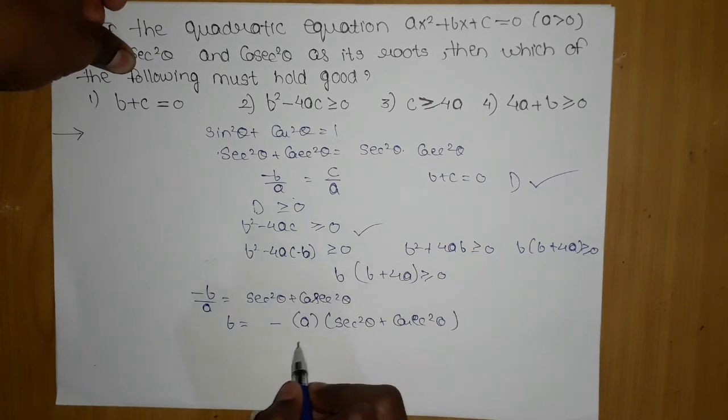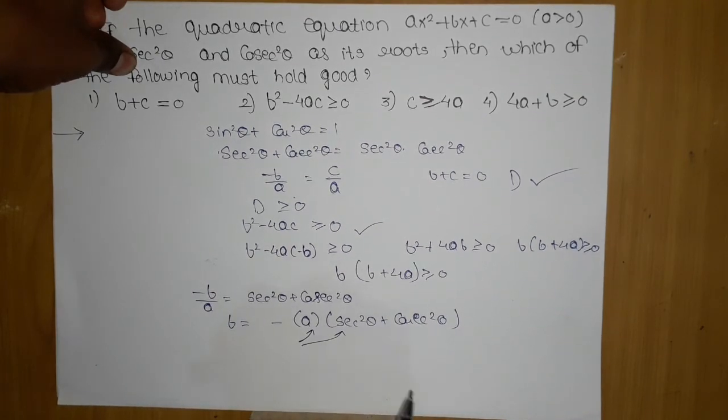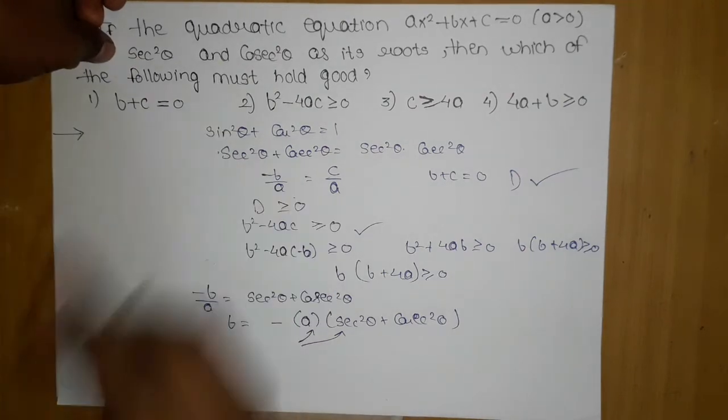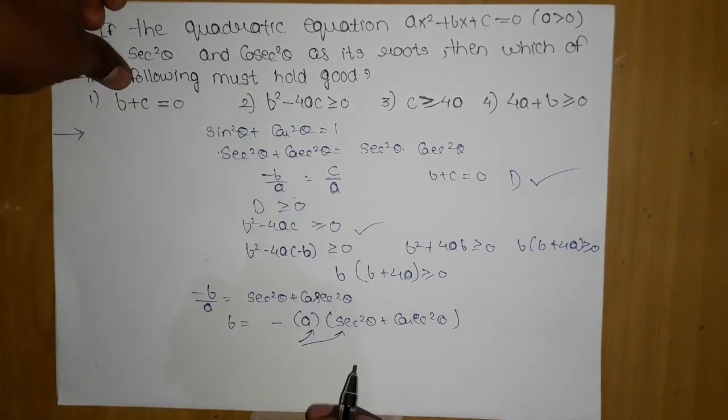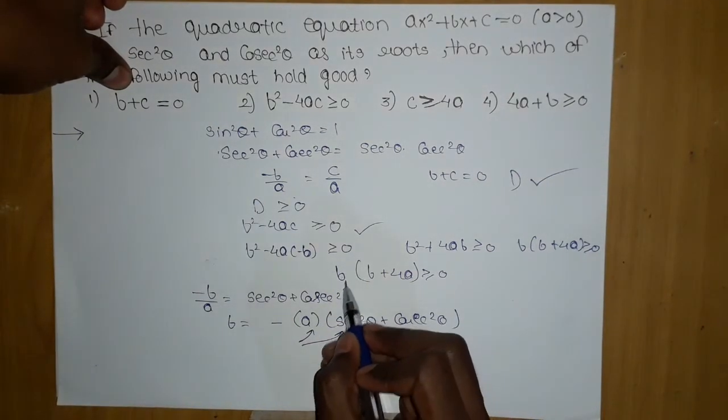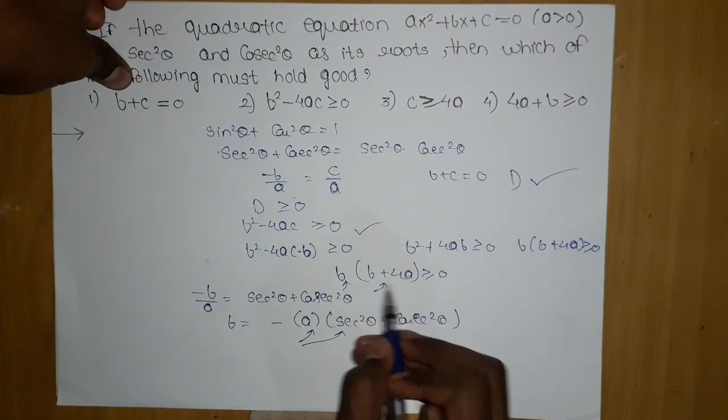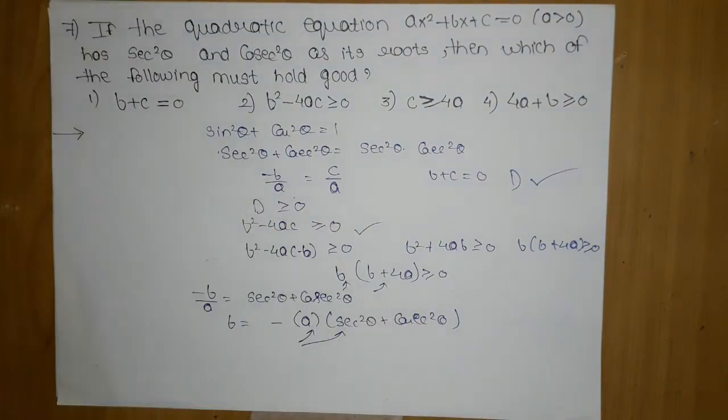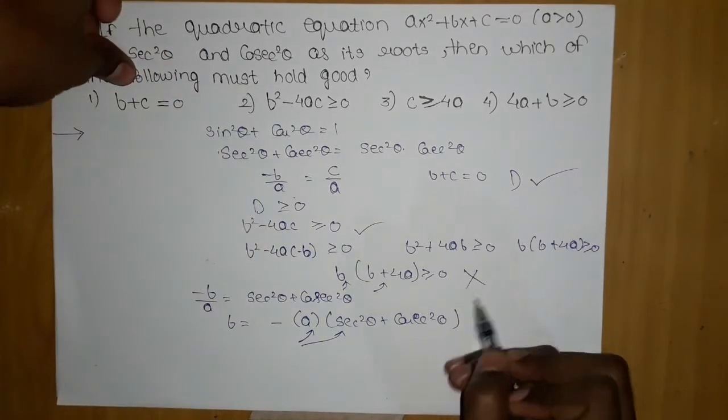Okay guys, now these two things are positive, they have informed that in the question, and this root will also be positive. So b is negative here. If b is negative and this, if I take positive, then this condition cannot exist and they cannot be greater than or equal to 0, if any one of them is negative. They both should be greater than 0, meaning positive. So this option, fourth, is wrong.